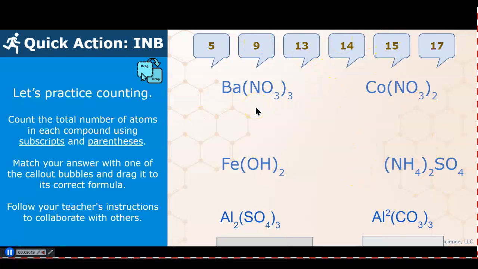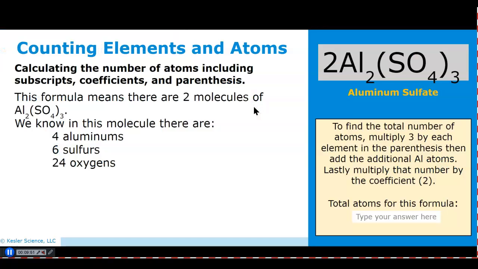Okay, so calculating the number of atoms, including subscripts, coefficients, and parentheses. We just keep adding to this. So we have 2 of these molecules now. So we have 2 aluminums. That gives us 4 total aluminums.